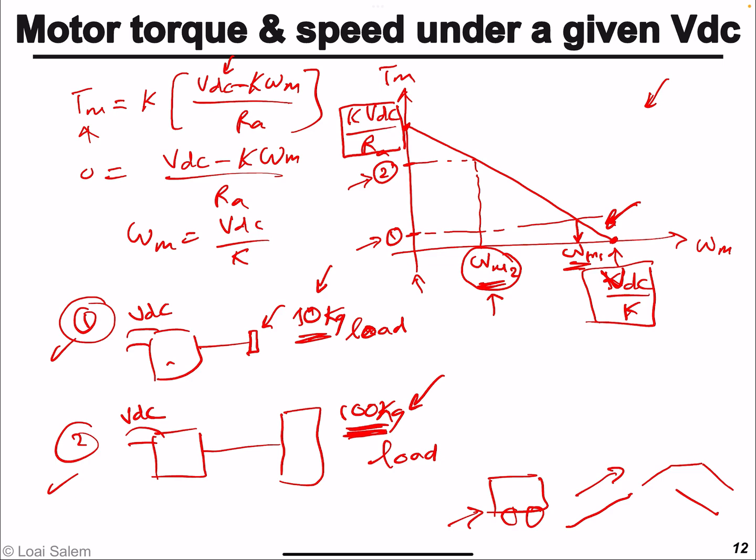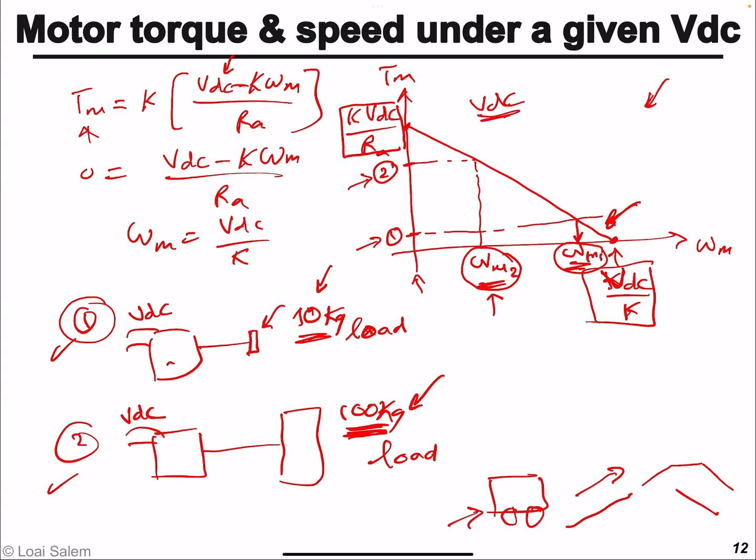So the motor wants to increase the speed for the same VDC value, but to maintain the speed of the motor constant, we're going to reduce the value of VDC.